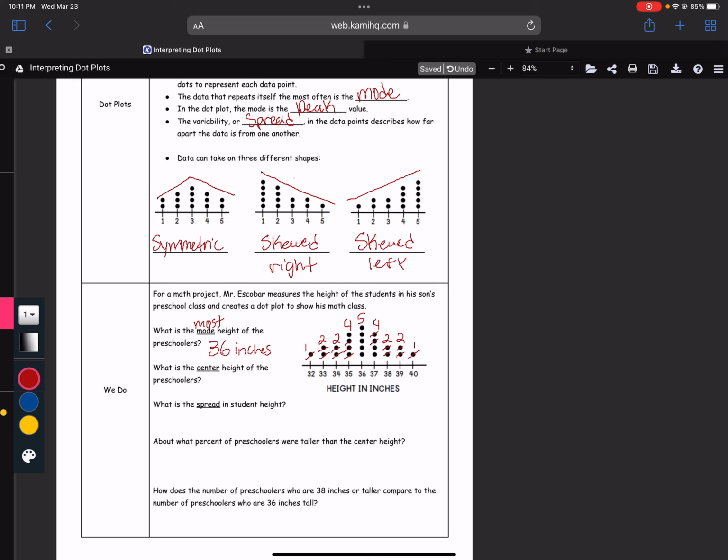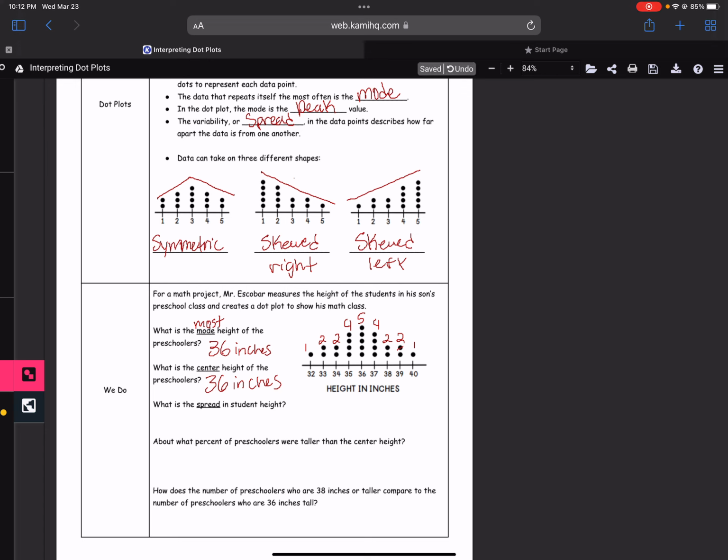So we are going to run into the symmetry, meaning we're most likely going to end up here with a 36-inch center. So what is the center height of the preschoolers? 36 inches. Go ahead and delete this so we don't get too messy here.